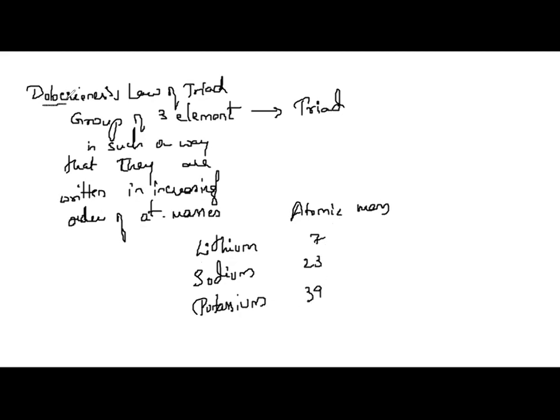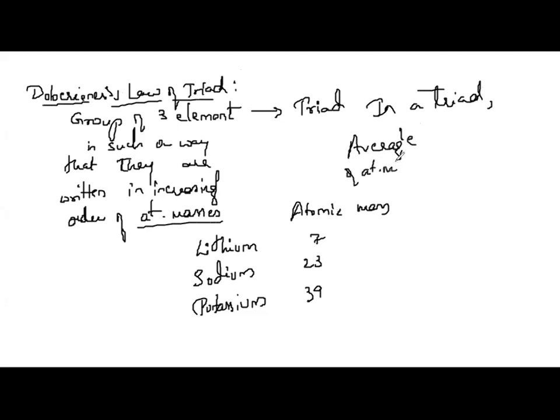So what does Dobereiner's law of triads state? It states that in a triad, when elements are written in the increasing order of atomic masses, the average of atomic masses of the first and third element is nearly equal to the middle one.